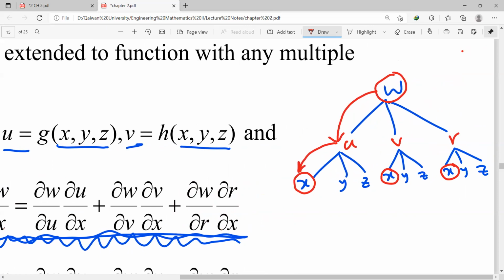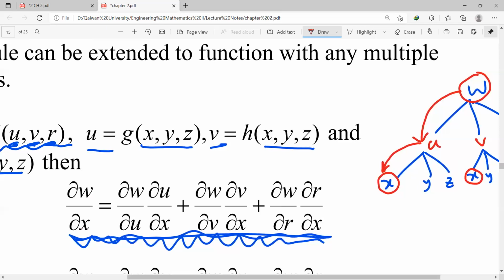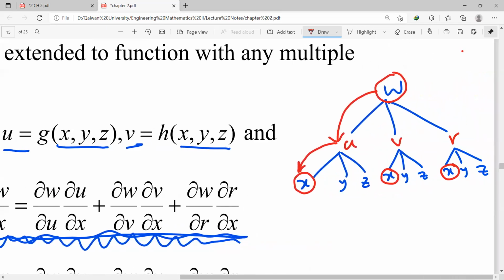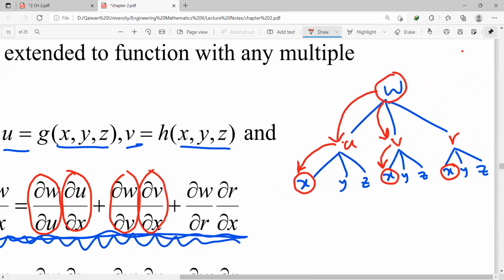Look, partial w by partial x equals partial w by partial u times partial u by partial x, plus partial w by partial v times partial v by partial x, plus partial w by partial r times partial r by partial x.